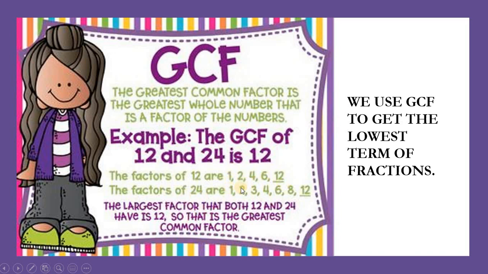For the 24, 1, 2, 3, 4, 6, 8, and 12. So kung ano yung pinakamalaking factor na common sa kanila, that is the GCF. Bakit kailangan yun? Because we use GCF to get the lowest term of fraction. Doon natin dinidivide yung numerator and denominator for us to reduce the fraction to lowest term.